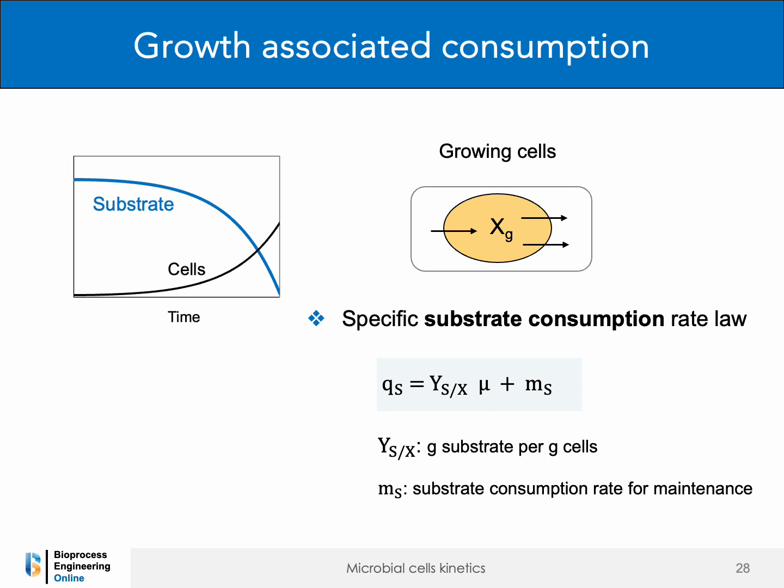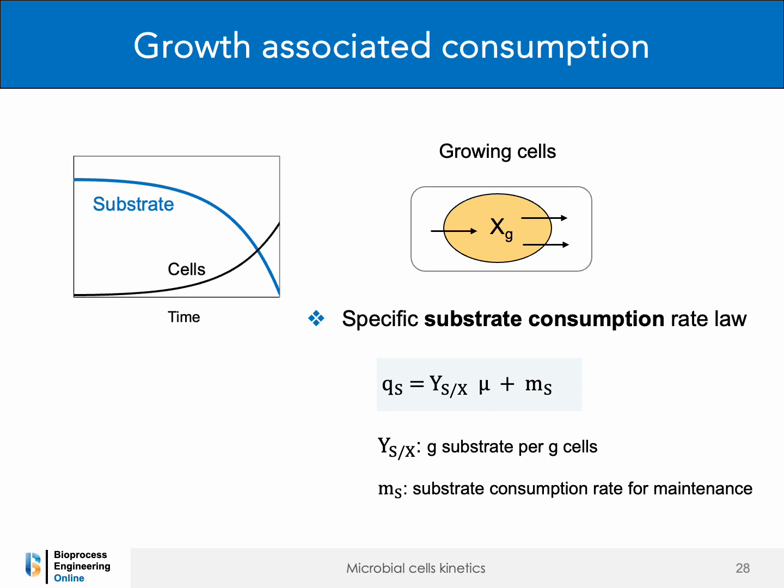For growing cells in fermenters, the commonly used rate law for the specific substrate consumption rate, QS, expressed in grams of substrate per gram of biomass per hour, consists of two terms. The first is the growth-associated consumption rate. This term is proportional to the cell growth rate, mu, with Ys over x representing the stoichiometric coefficient in grams of substrate consumed per gram of biomass produced.